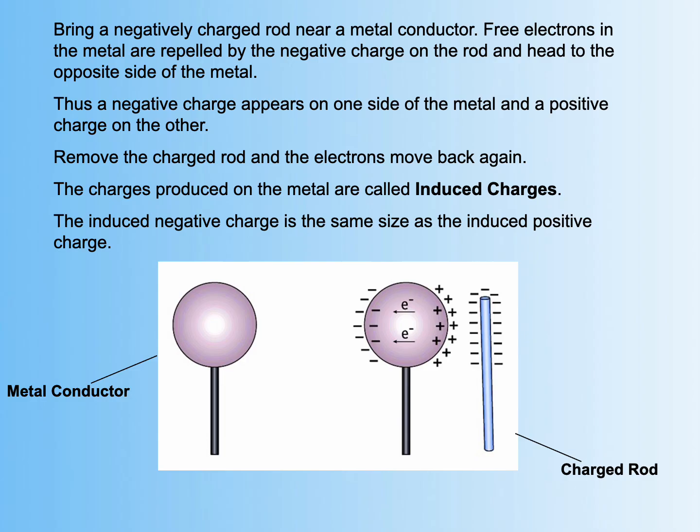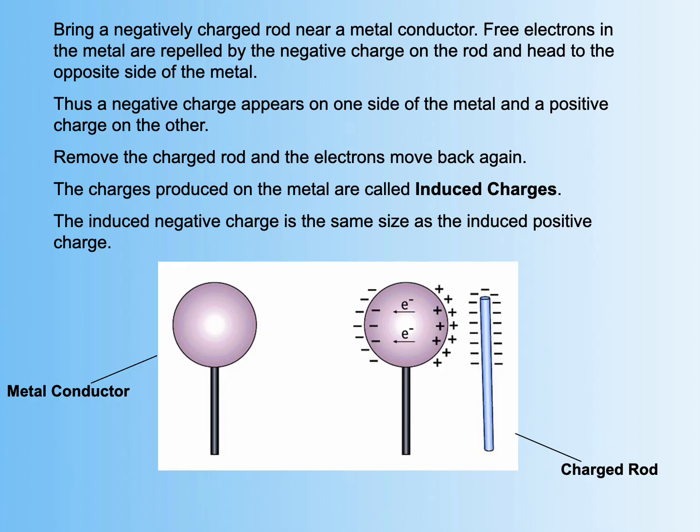Alright. There's a lot here in this slide, I'm going to talk through it. If we wanted to charge our metal conductor here, we can bring the negatively charged plastic rod towards it. The electrons, we call them free electrons, they're free to move about in the metal. They will get repelled or pushed across to the opposite end of the metal.